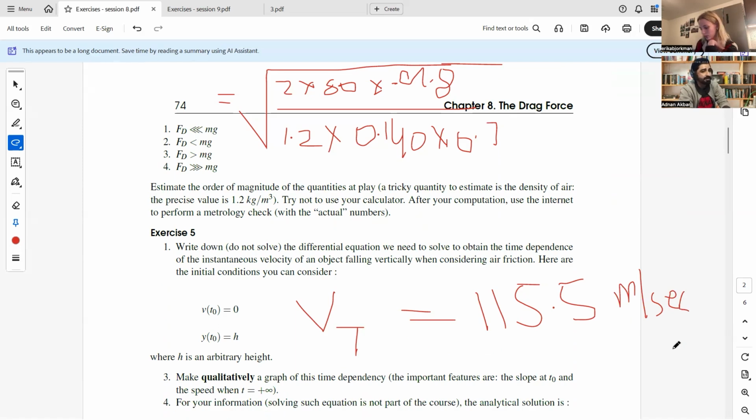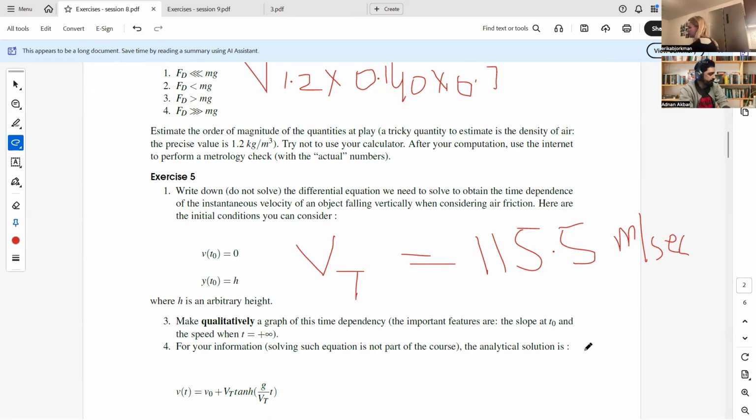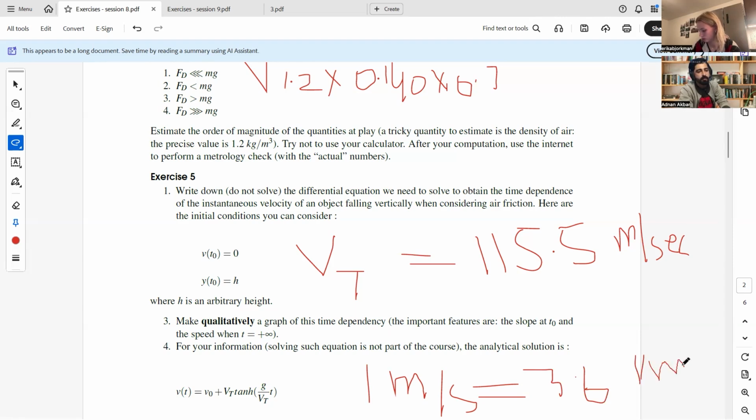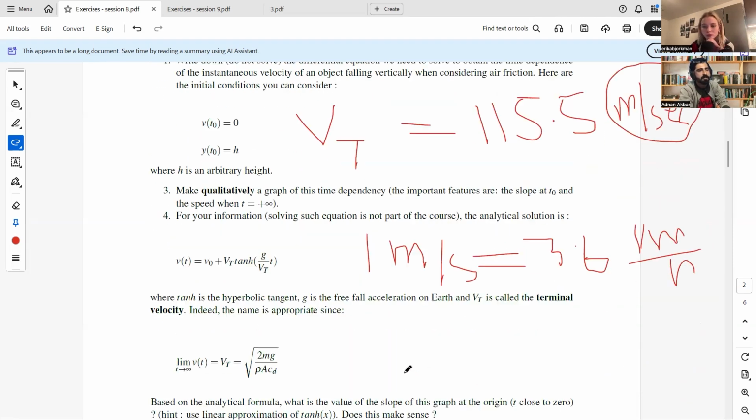But as he is saying, you need to convert it into kilometer per hour. For that purpose, you need to multiply, because 1 meter per second is equal to 3.6 kilometer per hour. So just replace this meter per second by 3.6 kilometer per hour.